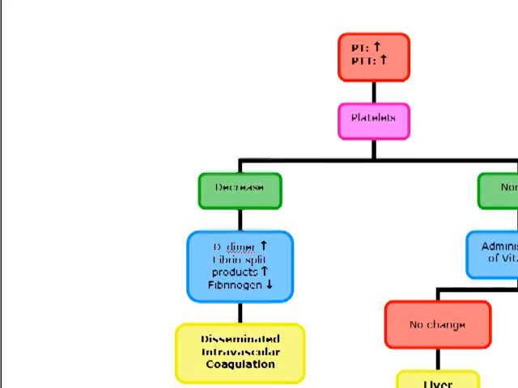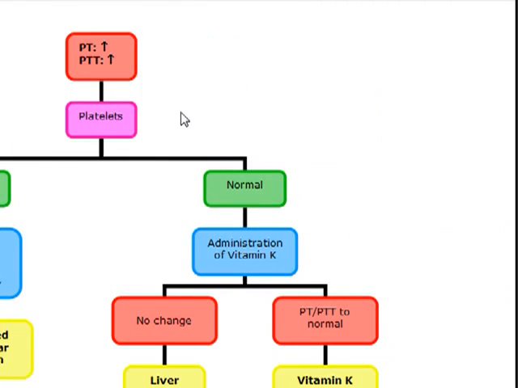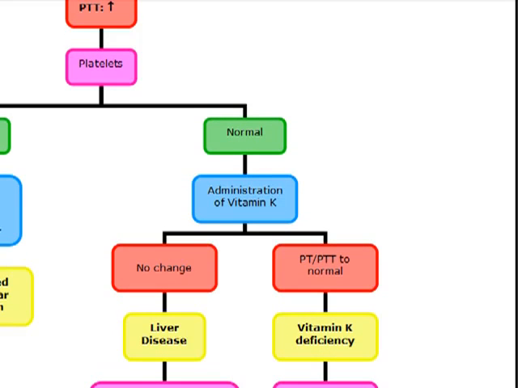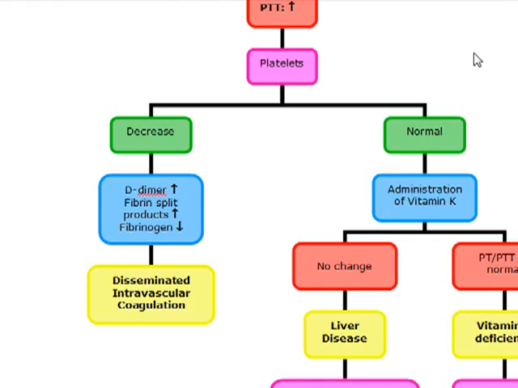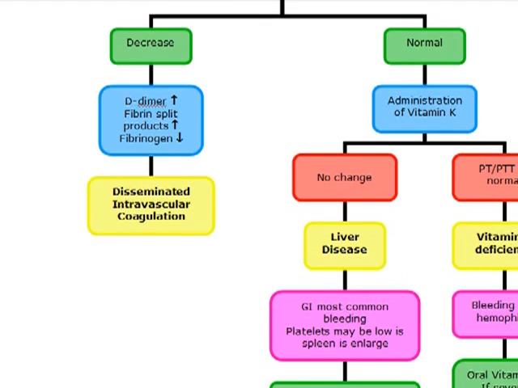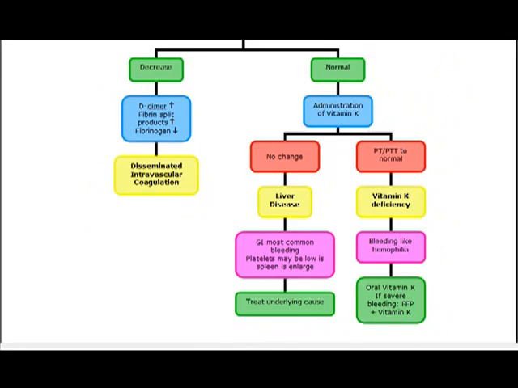Now, if you have an increase in your PT and an increase in your PTT and your platelet count is normal, it's going to be one of two things. It's going to be either liver disease or vitamin K deficiency. And if your platelets are normal with an increase in PT and PTT, you're going to administer vitamin K. If there's no change after the administration of vitamin K, obviously you know that there's going to be some type of severe liver disease because your vitamin K dependent factors are going to actually be normally produced in the liver.